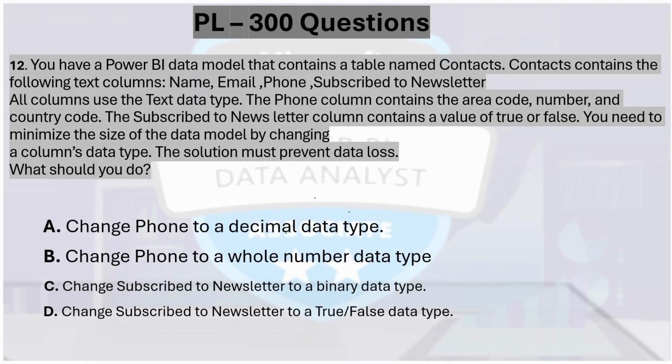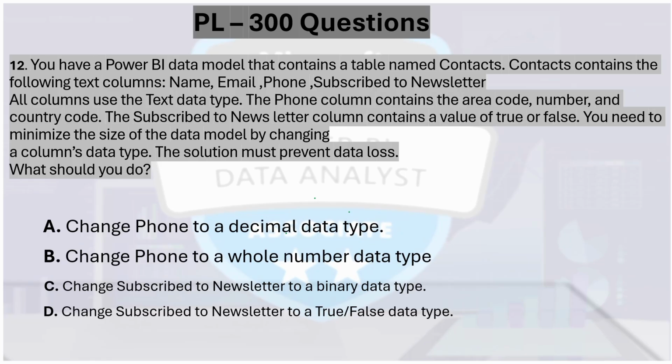Now, second question. You have a Power BI data model that contains a table named contact. The contact table contains the following text columns: name, email, phone, subscribe to newsletter. All columns use the text data type. The phone number contains the area code, number and the country code.